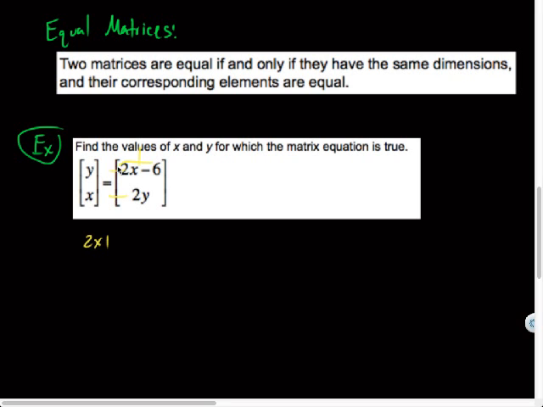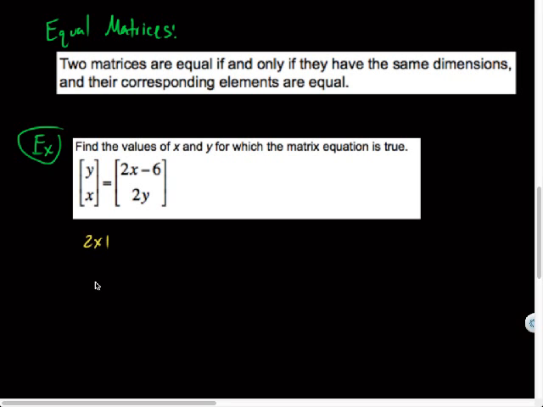So it turns out this entire expression, 2x minus 6, is the first row, first column element for that matrix, okay? So these are the same size, and notice that I also said that their corresponding elements must be equal. So what conclusion could be drawn about their corresponding elements?